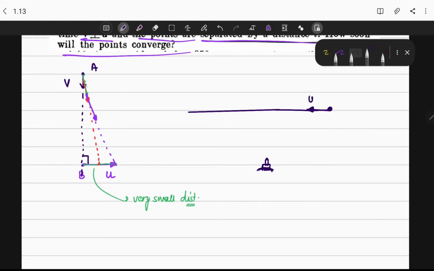Then I find the distance between the object and the radar system, find the appropriate angular velocity of the radar, and rotate it accordingly so that it is always pointed towards the object.